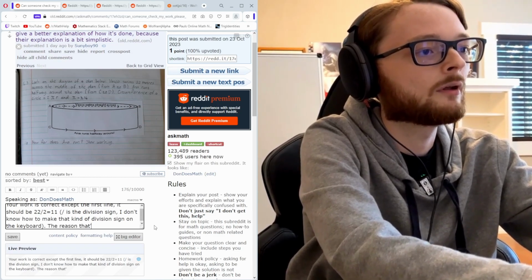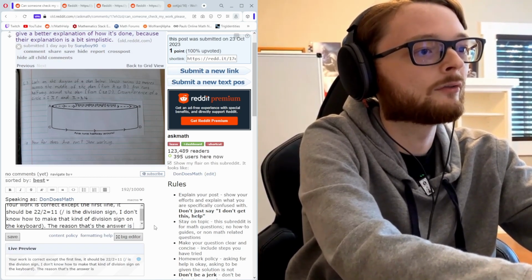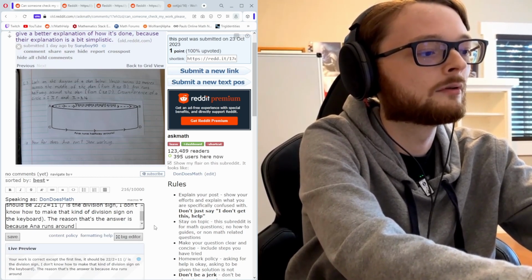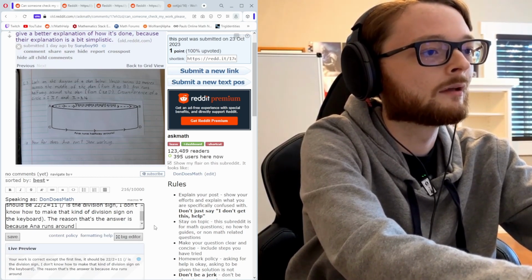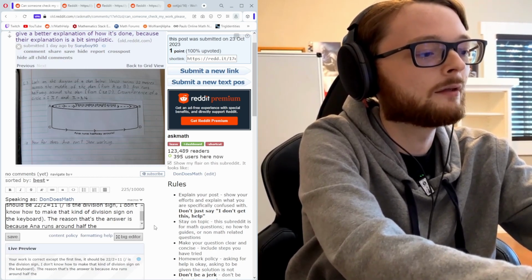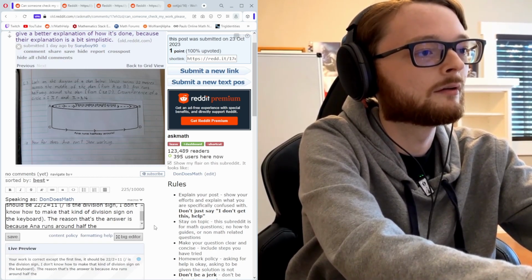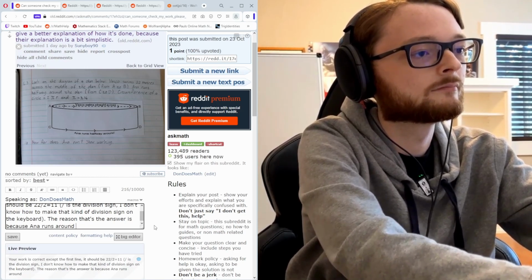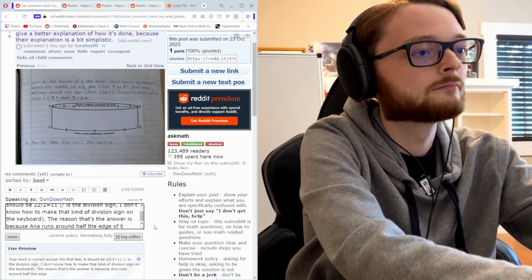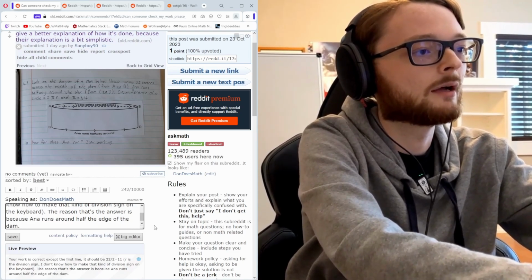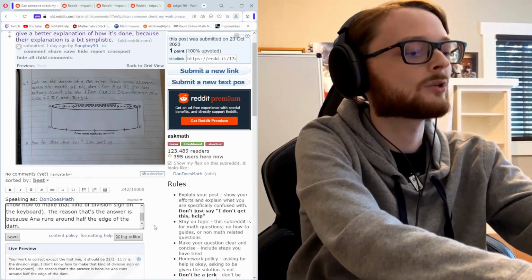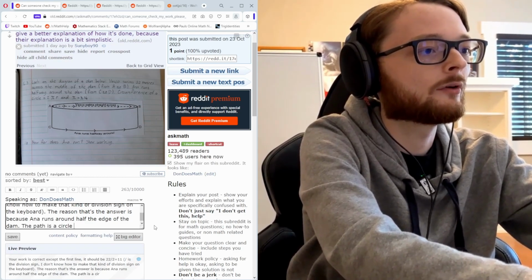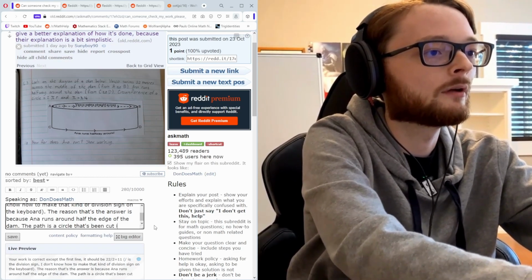The reason that's the answer is because Anna runs around half the circle. How should I explain this? The path is a circle that's been cut in half.